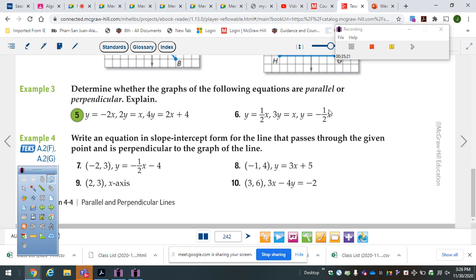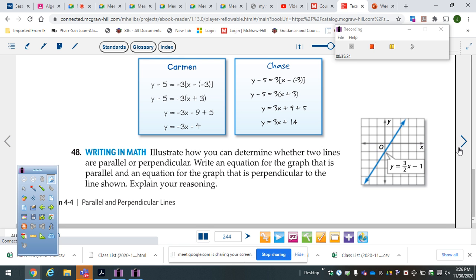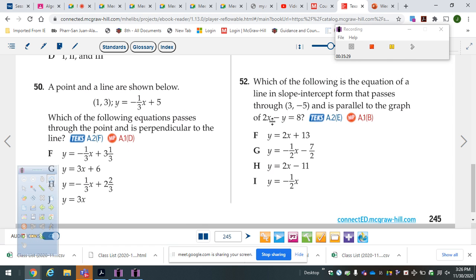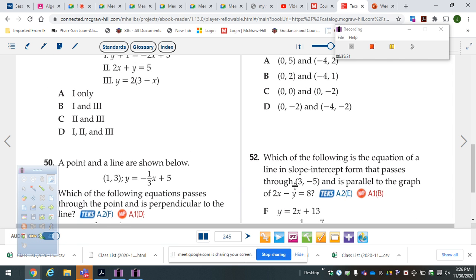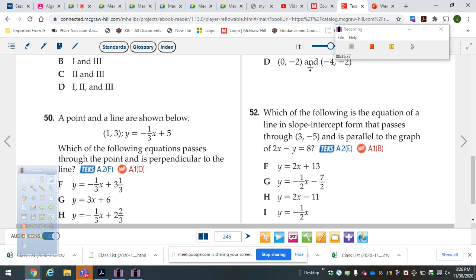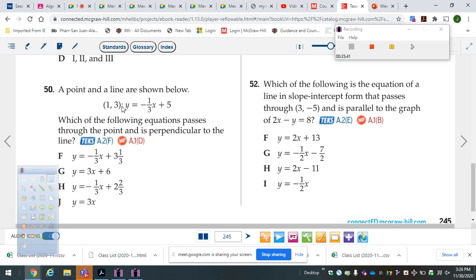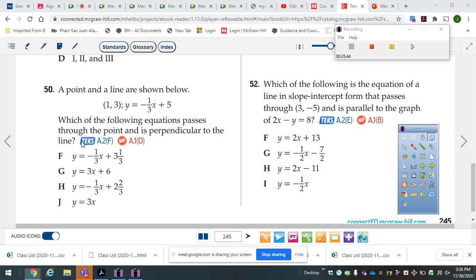Where is it? Right here. Okay, here it is.